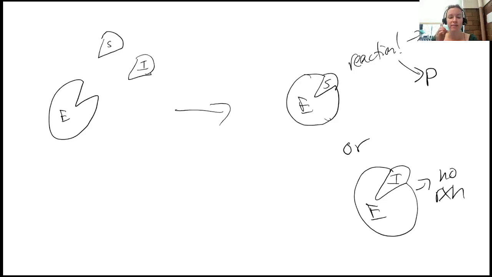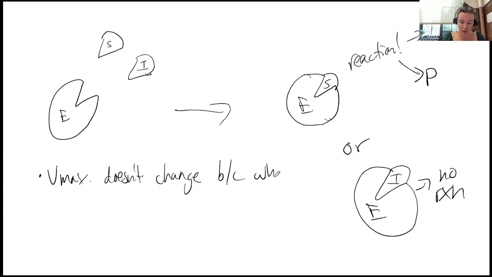So why does Vmax not change? Vmax does not change because when enzyme binds the substrate, the reaction can proceed as it always has.